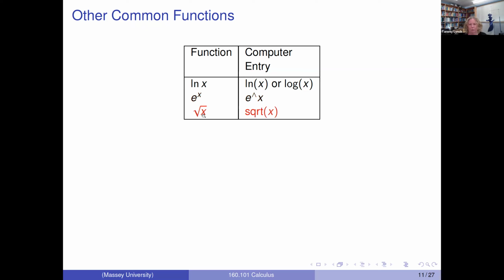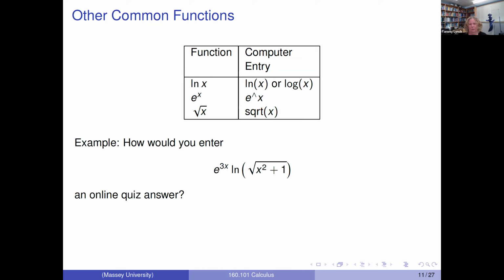And finally, the square root of x we can write as sqrt, so your computer has a function, sqrt, meaning the square root. The input into that function is, in this case, x, because we're taking the square root of x.